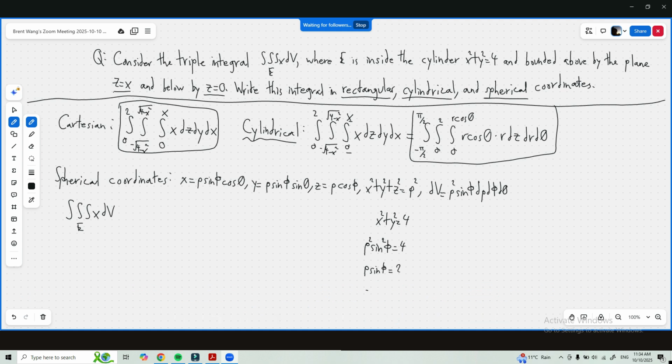So rho is equal to 2 cosecant phi. So in spherical coordinates, rho goes from 0 to 2 cosecant phi, since rho is the distance from the origin. And then x is equal to rho sine phi cos theta.